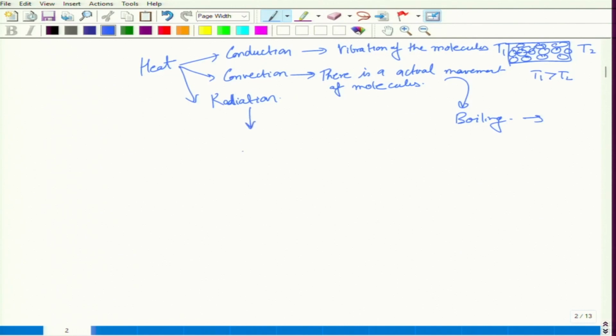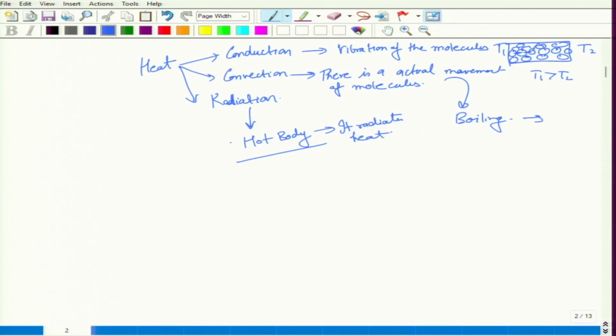In case of radiation, when we have a hot body, it radiates heat based on the wavelength of the radiation emitted from the hot body.